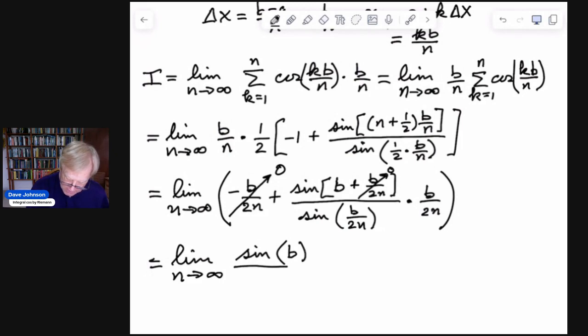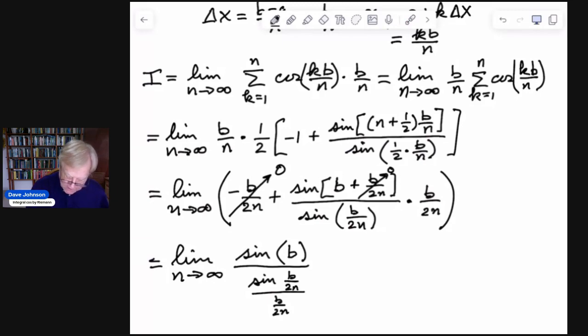And then divide by, now I'm going to go ahead and bring this downstairs and write it as underneath the sine. So let me write this as sine of b over 2n divided by b over 2n. And you can see that this is exactly the same as what we had before. If you divide by a fraction, you multiply by the reciprocal. So this is the same.